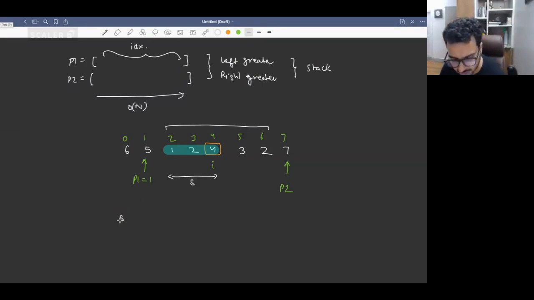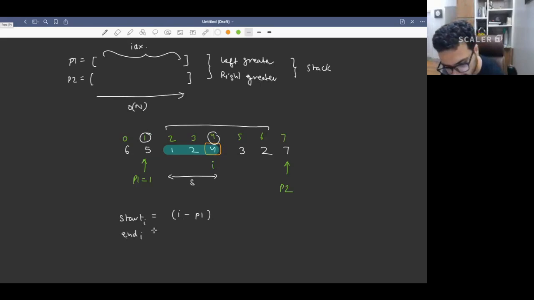So the number of ways to choose the start for i is i minus p1, which is 4 minus 1, 3. That's correct. I can choose the start of i in i minus p1 ways.